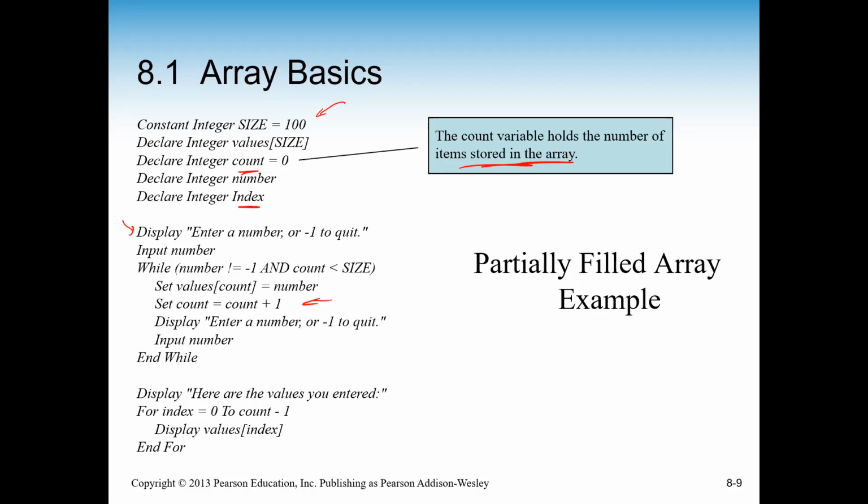Then after that, you display "enter a number or -1 to quit" again because you're in a loop. All right, and you repeat the process. And in this way, you're going to sequentially enter values into the array until you hit -1 or until the array fills up, because you have two stopping criteria, right?